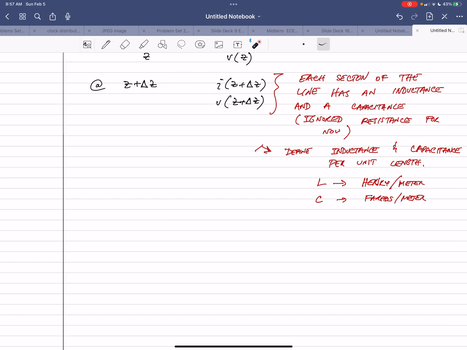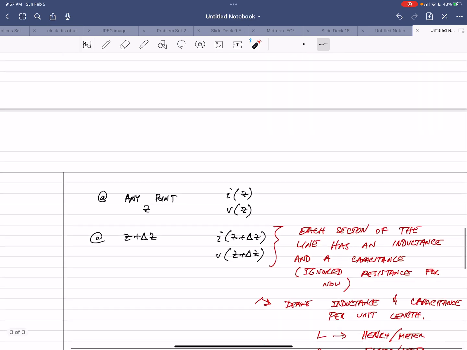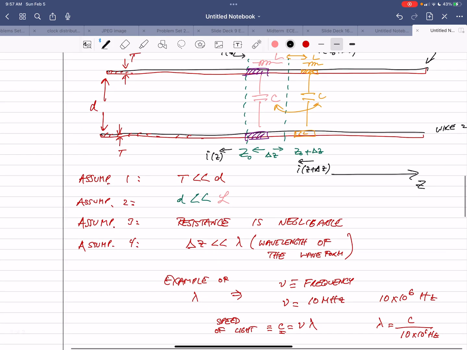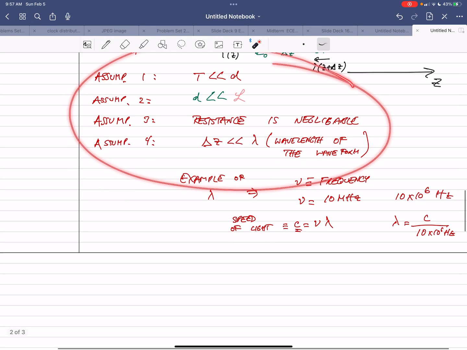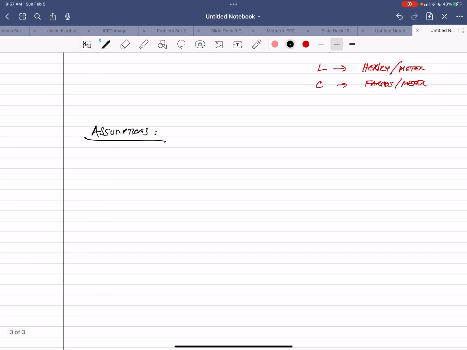Okay, so these are the assumptions that we're going to use for our analysis of this transmission line. And again, to summarize them a different way: the reason I'm giving you the assumptions in a different way is that this is a simplified analysis, and over time we're going to add the important points to this analysis.